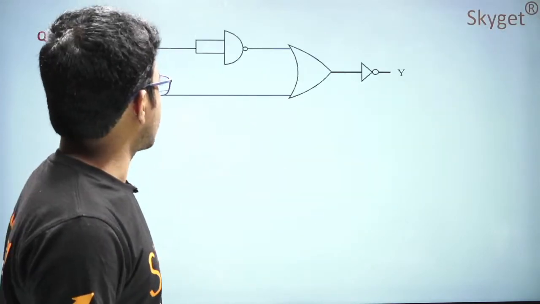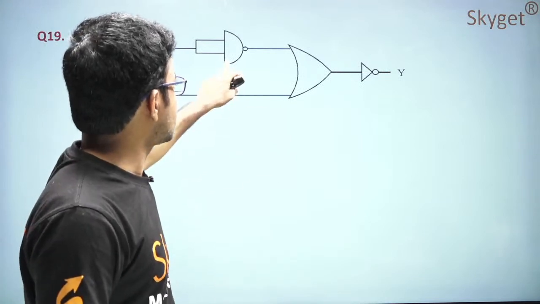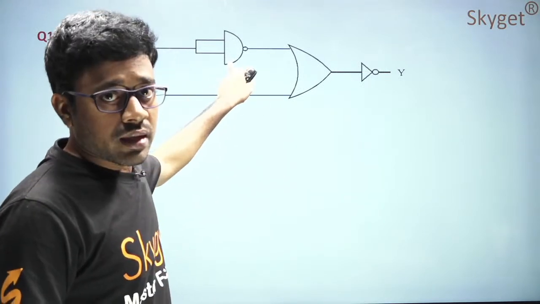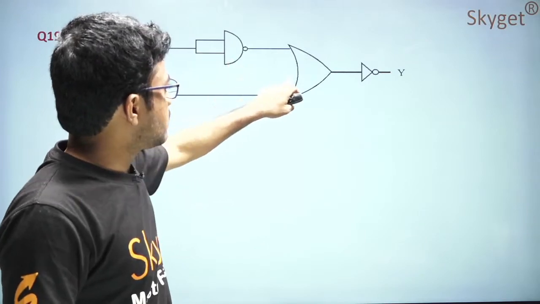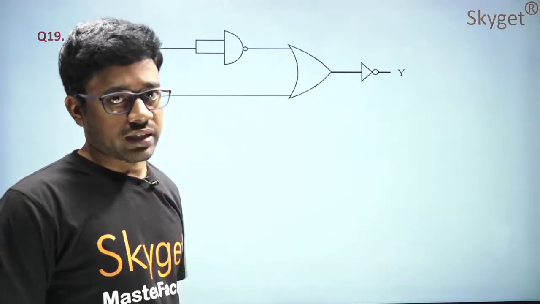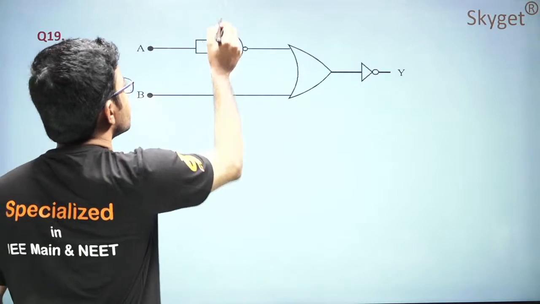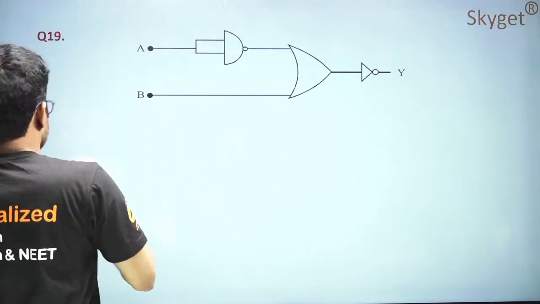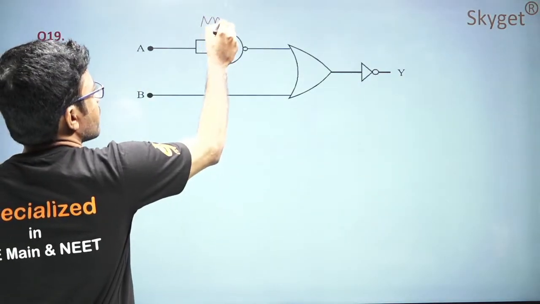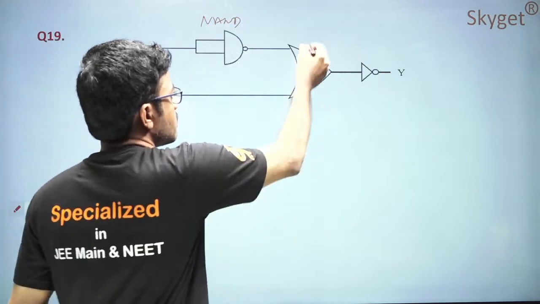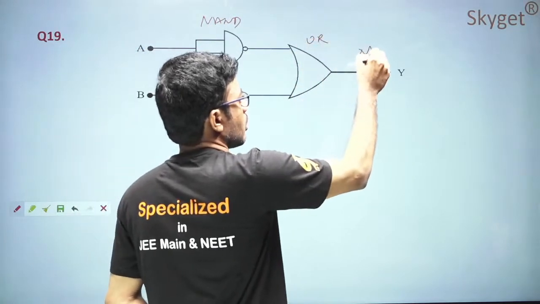Next, in problem number 19, he has given the logic gates. This is the NAND gate, this is the OR gate, and this is the NOT gate. Let us write it first: this is NAND, this is OR, this is NOT.